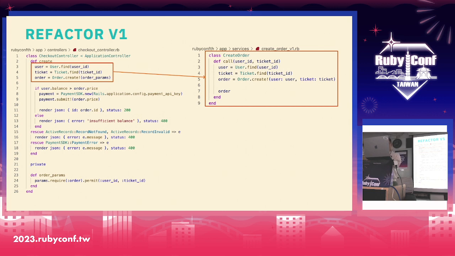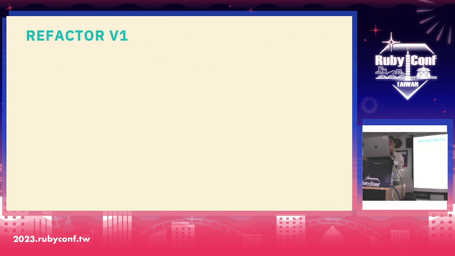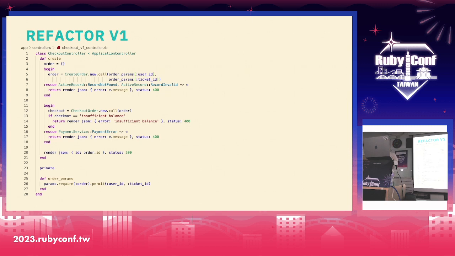The first move is wrapping the order creation into a separate service. Next is the payment submission into the checkout order. This encapsulation ensures our controller remains clean and our code is more maintainable. In the controller, after we create the order, we wrap it into create order and checkout services.